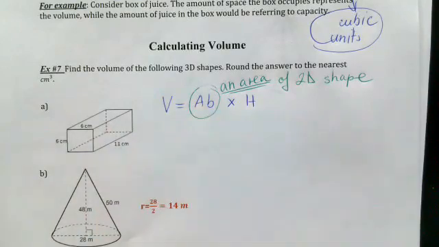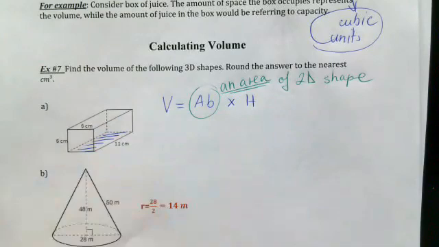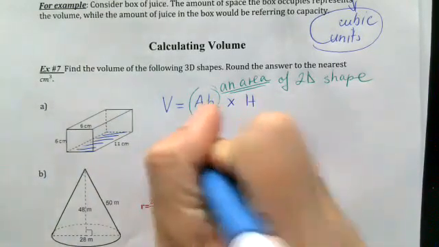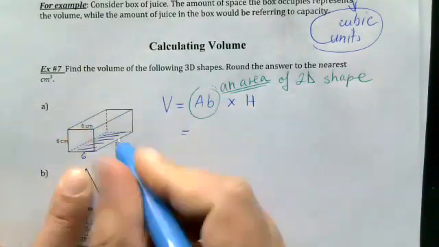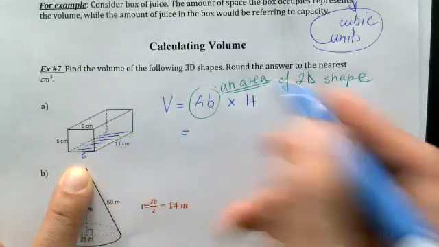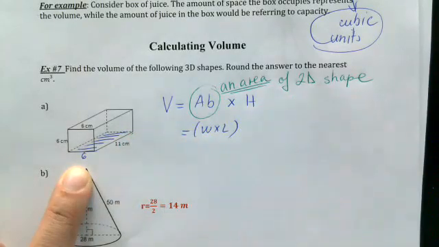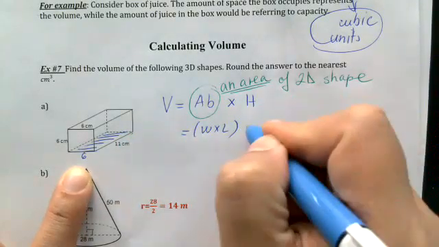So our area of the base is going to come from the base here. That's our base. So what's the area of that base? Is 6 from here and 11 from there. So width times length, because it's a rectangle. And what's going to be the height?